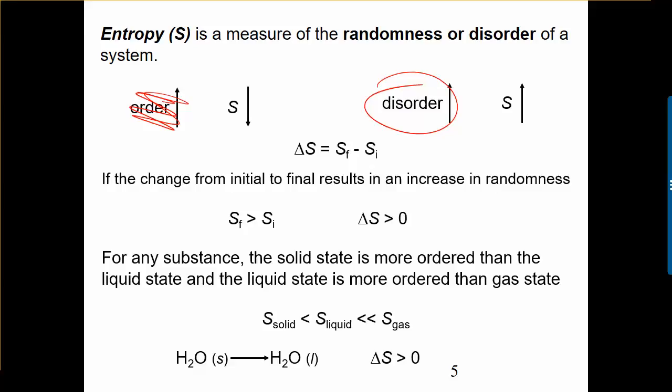An increase in the disorder is a positive delta S. A decrease in the disorder is a negative delta S.